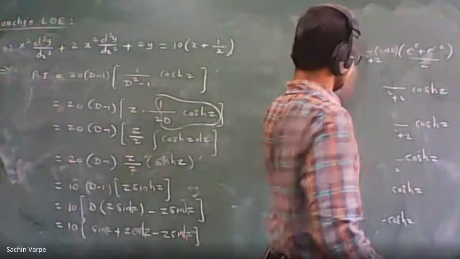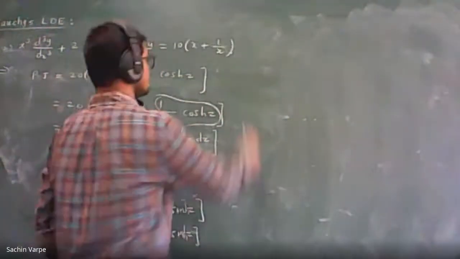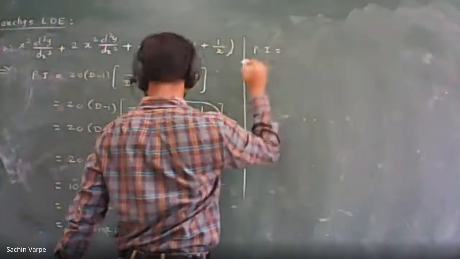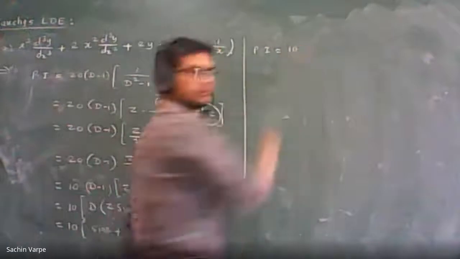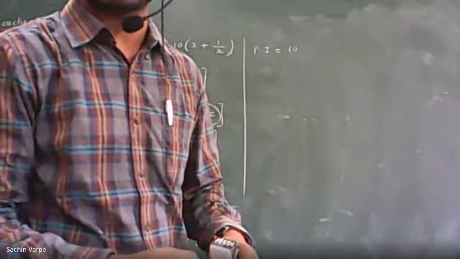Okay, so let us write this PI in terms of x and CF in terms of x, and then we'll combine these two. So when I replace z by log x, what will happen? PI is equal to 10 into, yes, any doubt?